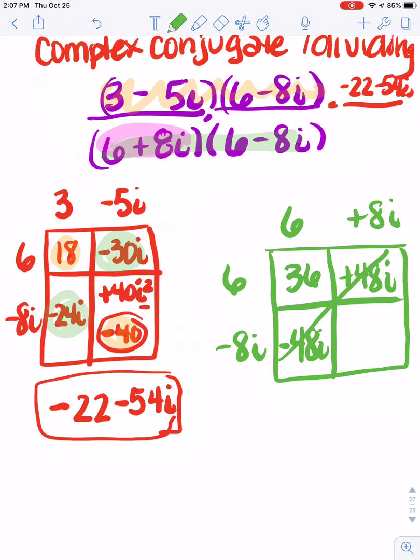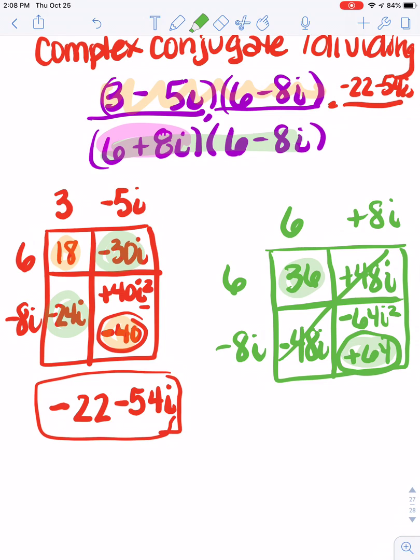In our last box, negative 8i and positive 8i is negative 64i squared. So when I go to do the opposite, that means that negative 64 is going to become positive 64. So when I go to put these together, I'm going to put those two pieces together.